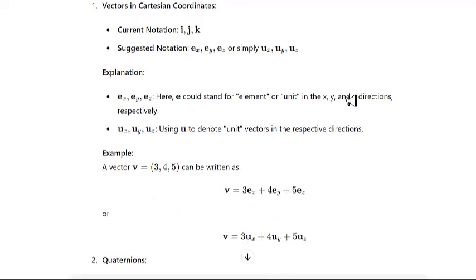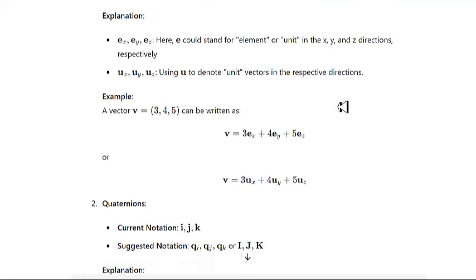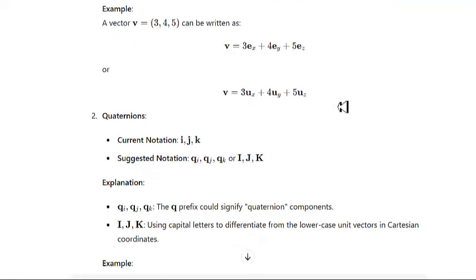The e could stand for element or unit in the x, y, z directions respectively. With the u sub x, u sub y, u sub z notation, the u could be used to denote the unit vectors in respective directions. So I like that. That's all right. And then it gives an example.